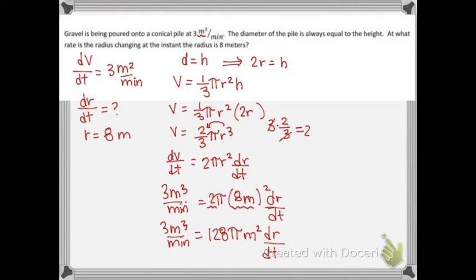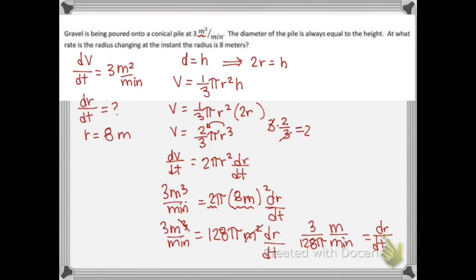Let's change that. Okay, let's cancel out a meter squared out of both sides, and that gets rid of the cubed on that meters. And so to get dr/dt by itself, I'm just going to divide both sides by that 128 pi. So we get 3 over 128 pi meters per minute. Make sure the pi stays in the denominator.